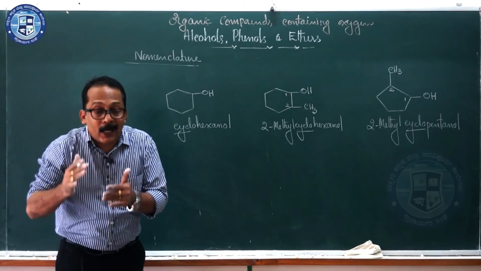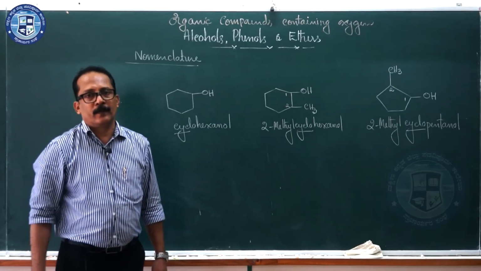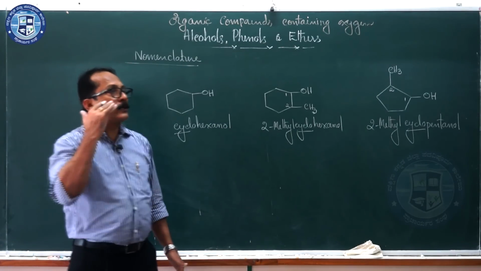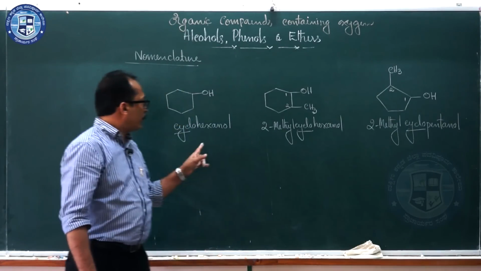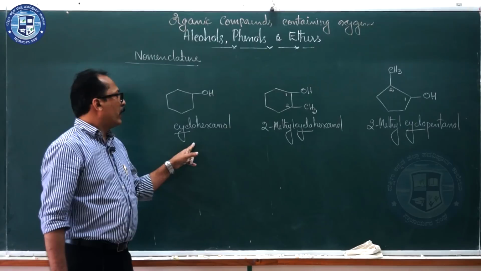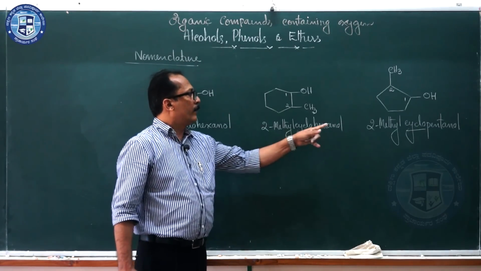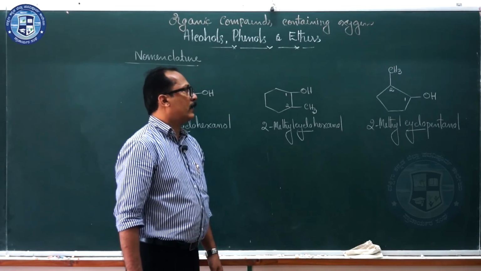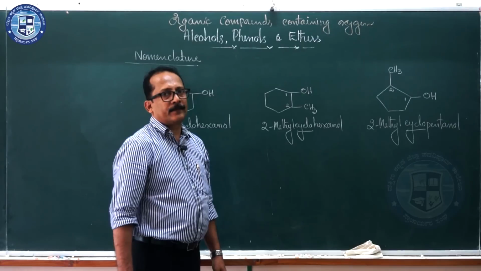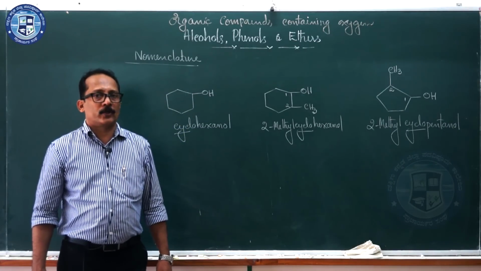So cyclic alcohols are named using the prefix cyclo, where the carbon atom which contains the OH group is the first carbon. This compound is cyclohexanol, this one is 2-methylcyclohexanol, and the next is 2-methylcyclopentanol. So this is about the nomenclature of alcohols.